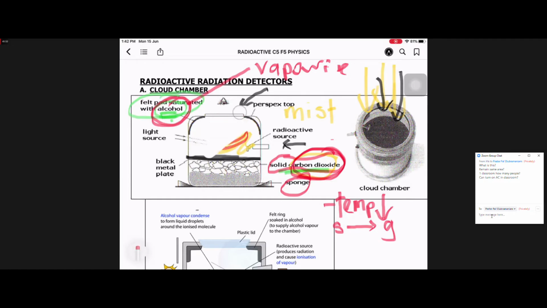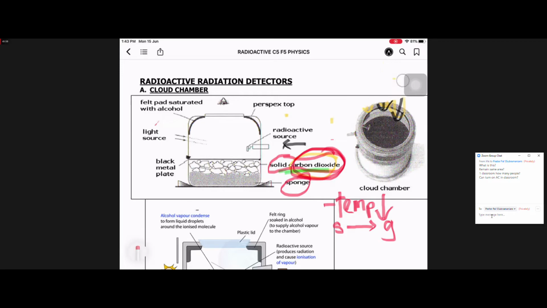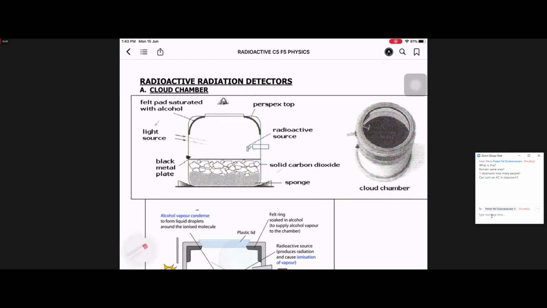So the whole idea here is that when you look from on top, inside the cloud chamber, there'll be a very thick mist. Any question?